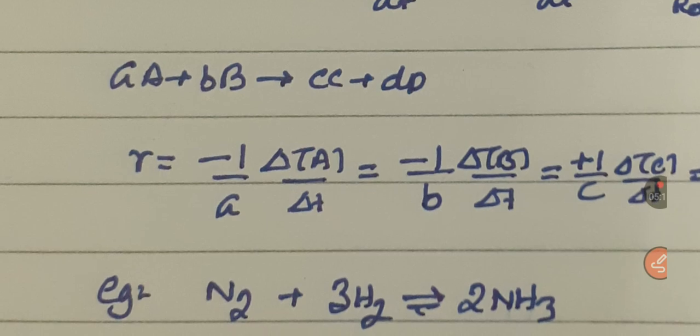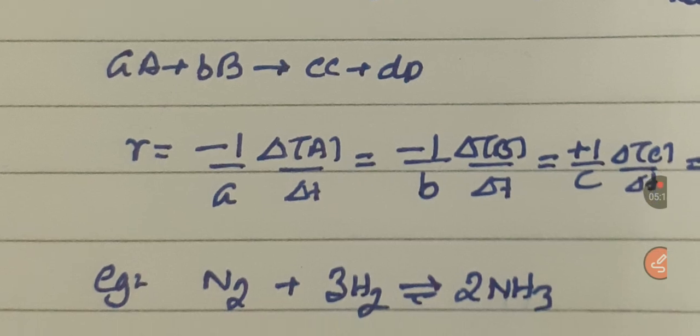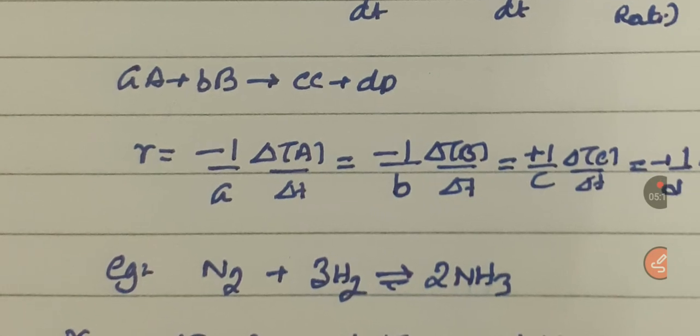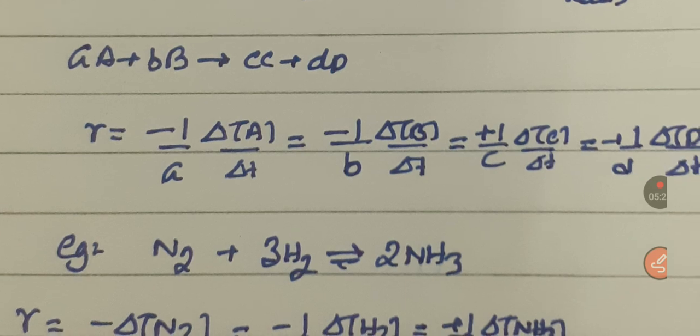Apply the rate law for the given general reaction. A general reaction is taken, as you can see on your screen, aA + bB → cC + dD, where small a, small b, small c, and small d are the coefficients of reactant and product, and capital A, B, C, and D are the representation of reactant and product.